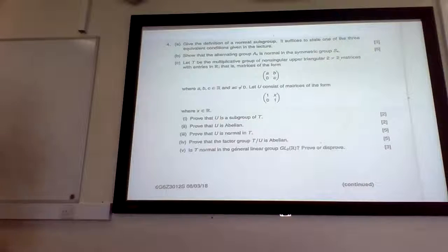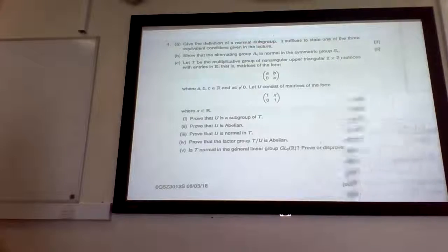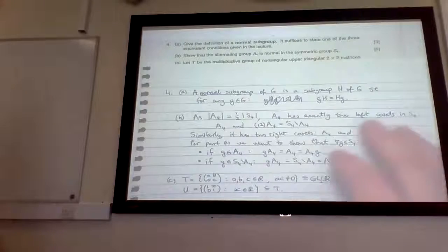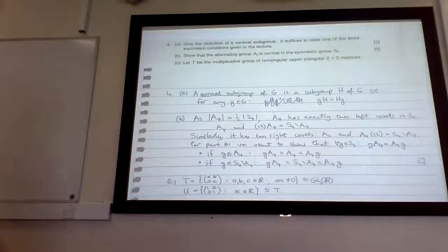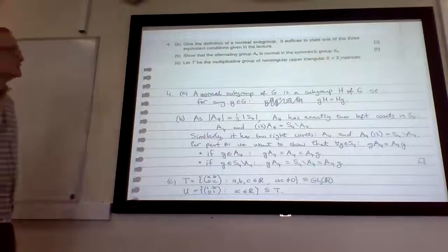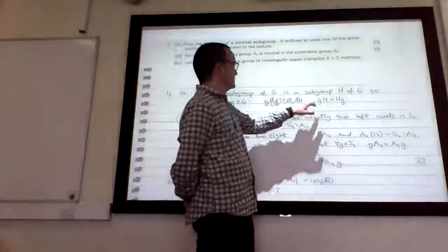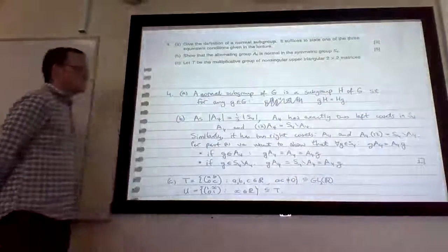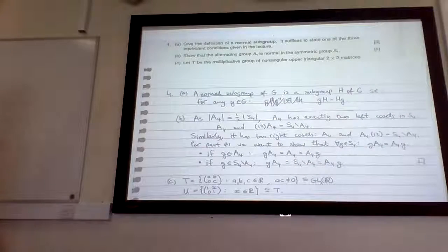Okay, so definition of normal subgroup. So this is the initial direct definition. It's normal if for any g in G, the left coset represented by g is equal to the right coset represented by g.